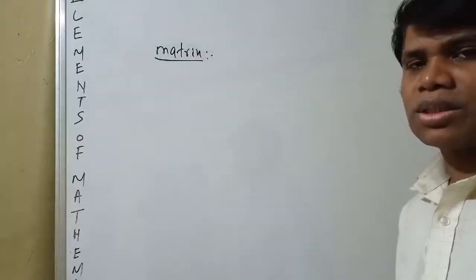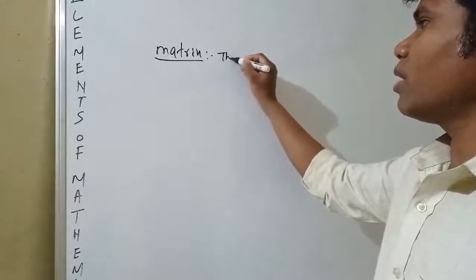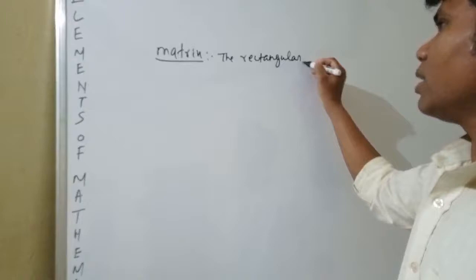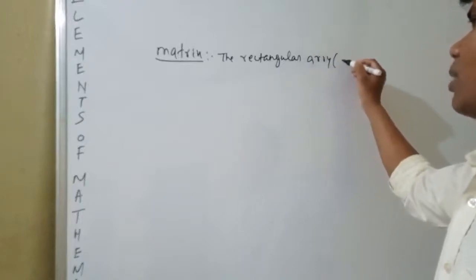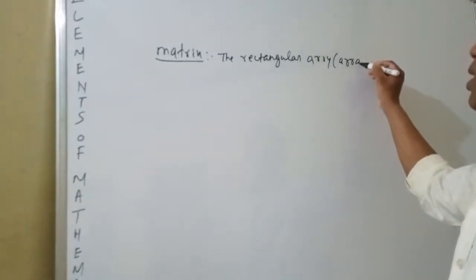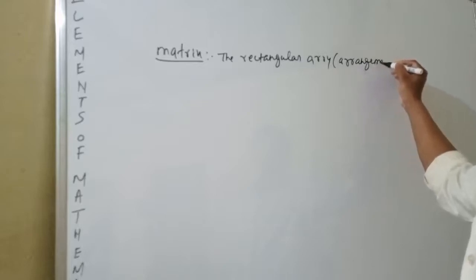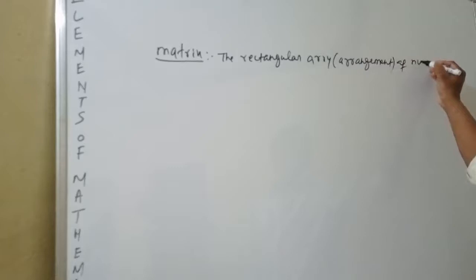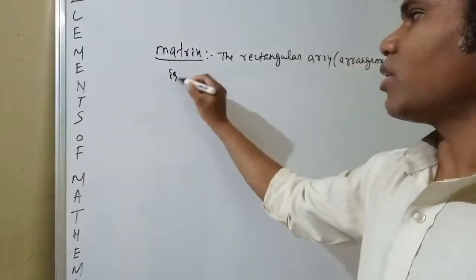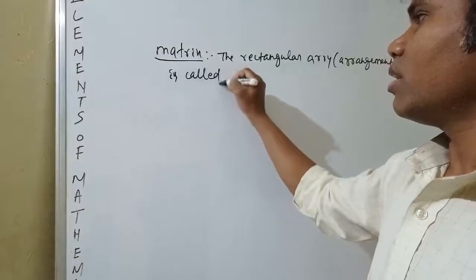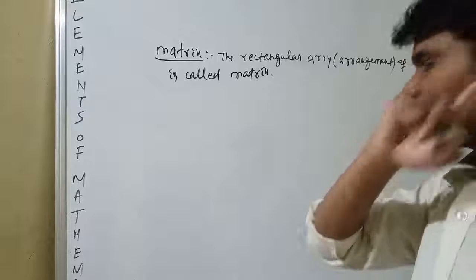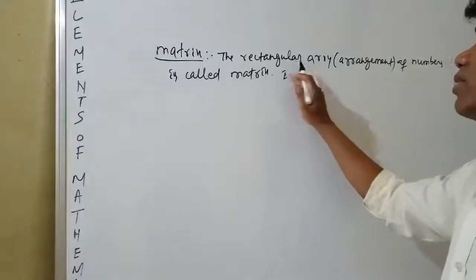What is a matrix? A rectangular array, array means arrangement, of numbers is called a matrix.